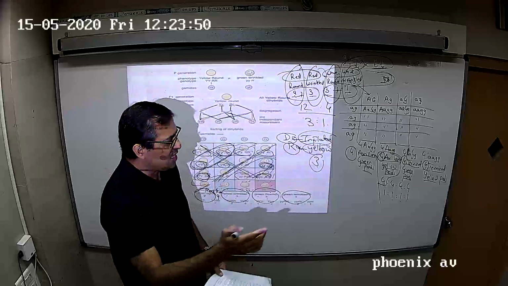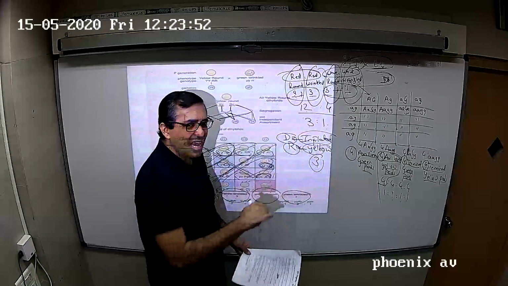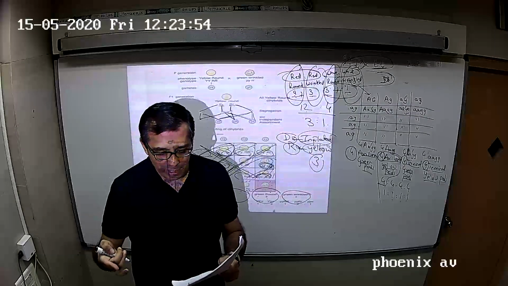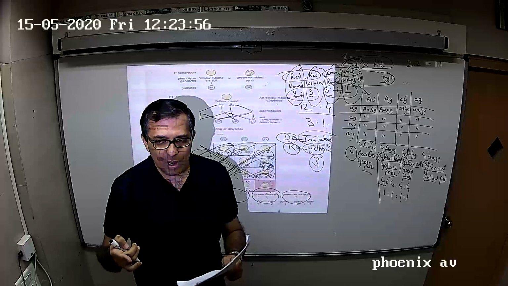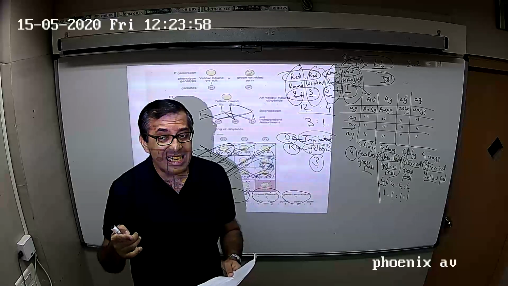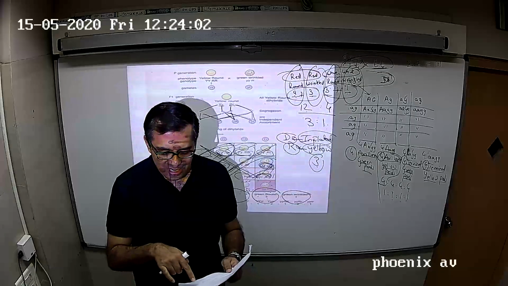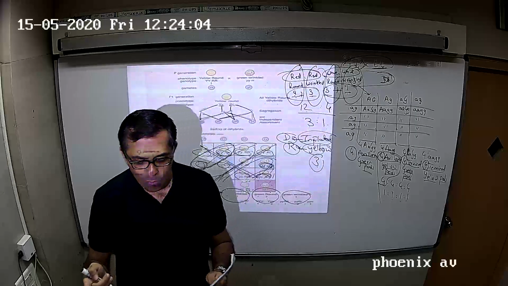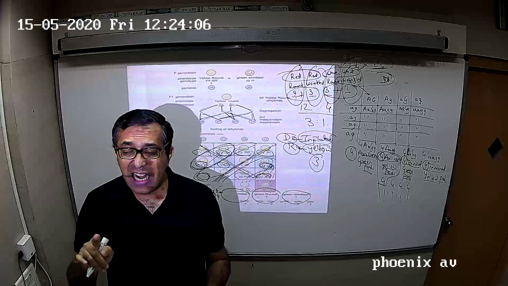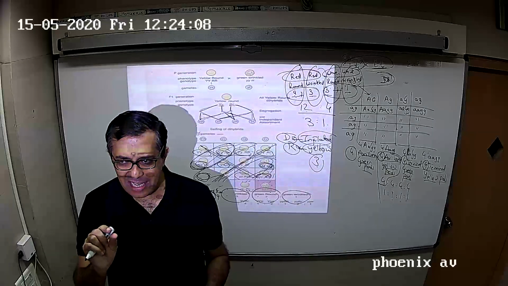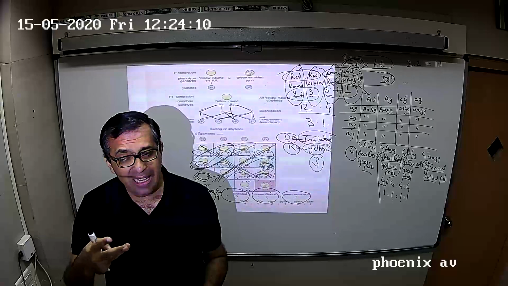So how many are dominant recessive? 3. If the same question was asked, how many are inflated green? Inflated green would have been double dominant, 9. How many would be inflated yellow as the question is asked? 3. How many would be constricted green? Constricted recessive, green dominant, would have been 3.